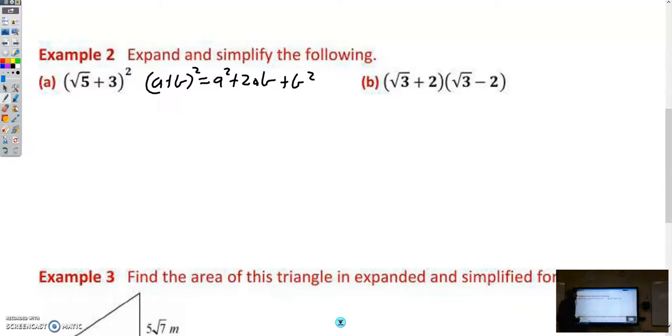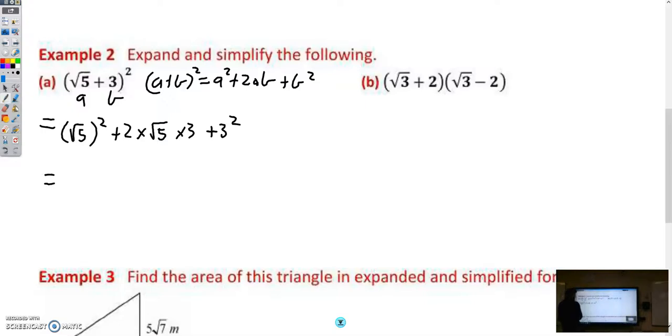So we're going to use that formula here to save us some time. Our a value is √5, our b value is 3. So a squared will be √5 squared plus 2 times √5 times 3 plus 3 squared.